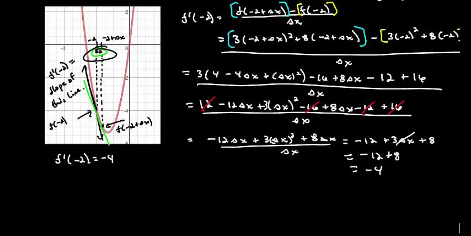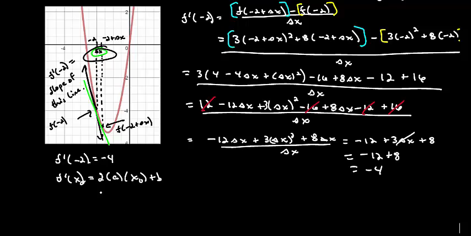Now, we just came up with a rule before that said f prime of x naught is equal to, and let me go ahead and grab that formula, because typically you don't use quite this formula all the time, but it's equal to 2 times the a value times the x naught value plus the b value.